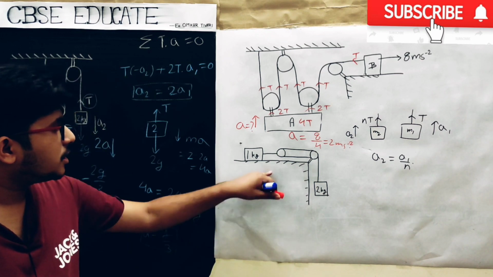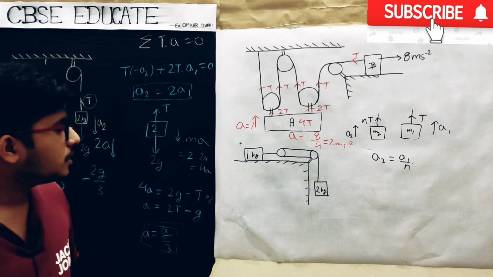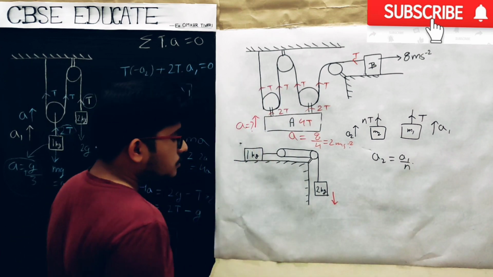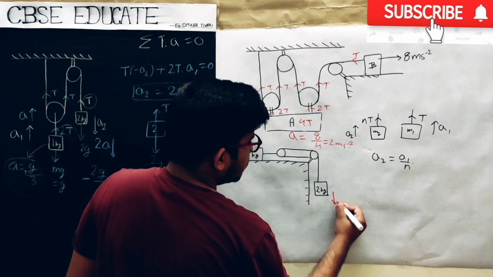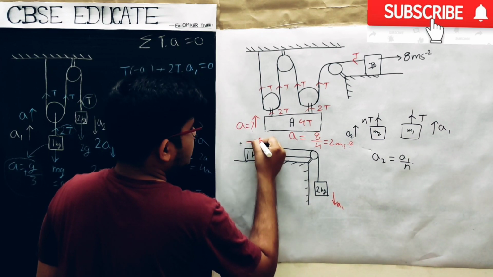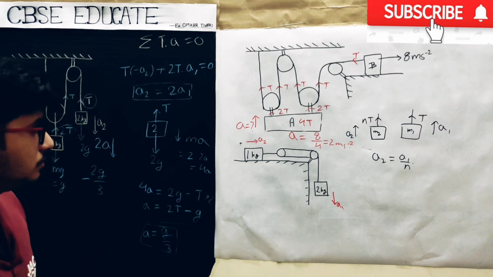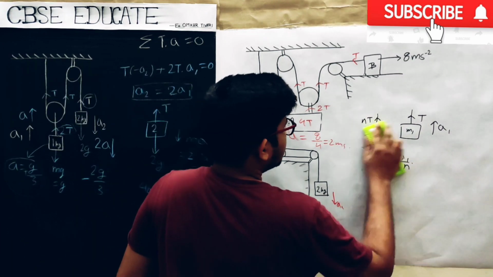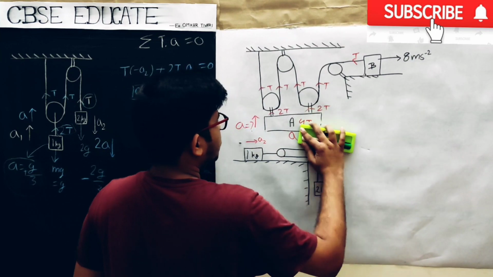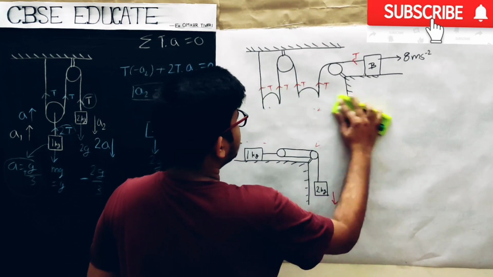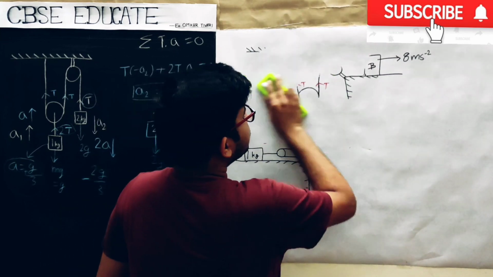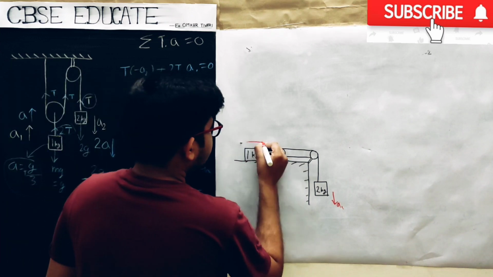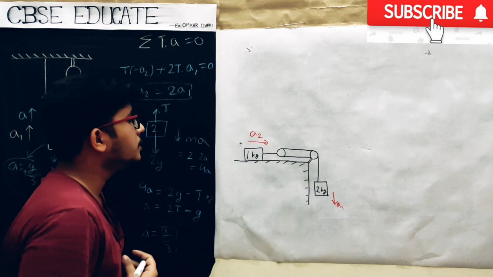Now consider another question. This question is saying that this body is moving downward with some acceleration, suppose a1. This will move in this direction with acceleration a2. So this will also move in this direction with acceleration a2.